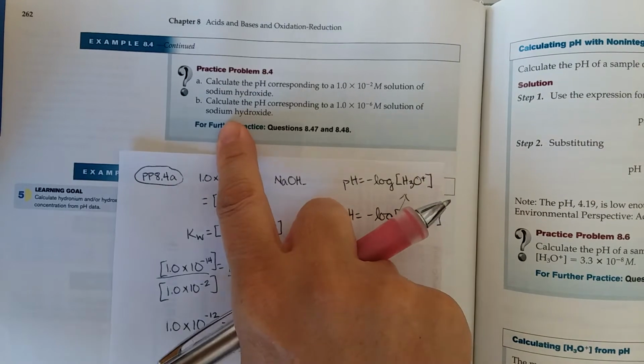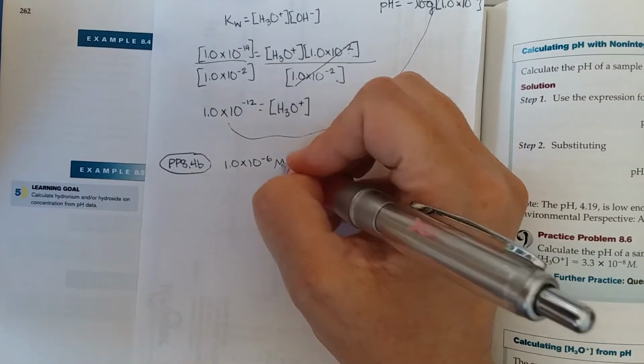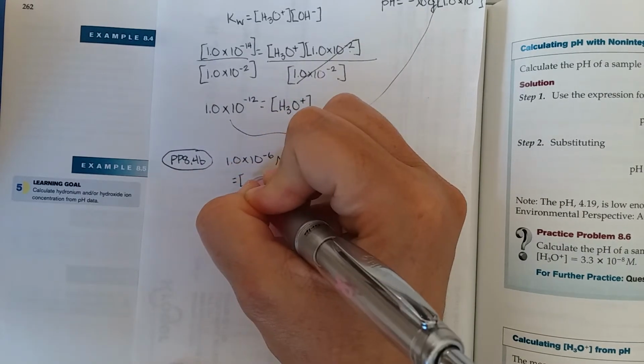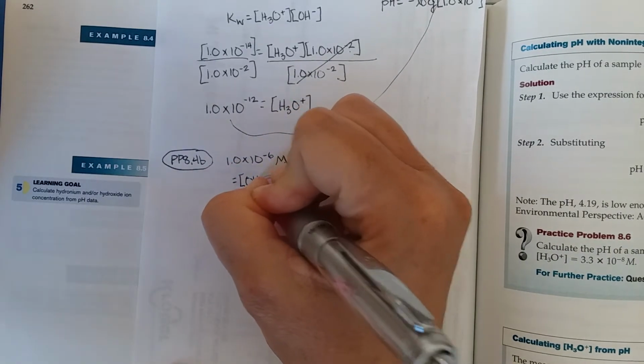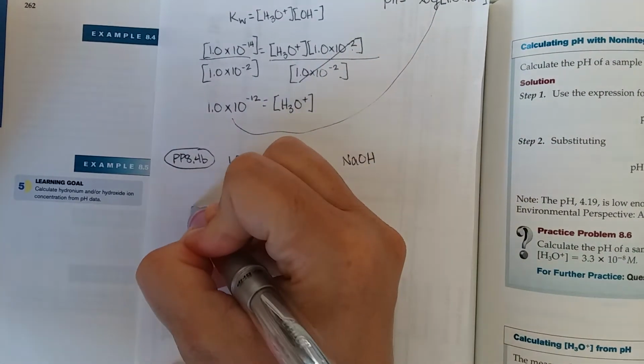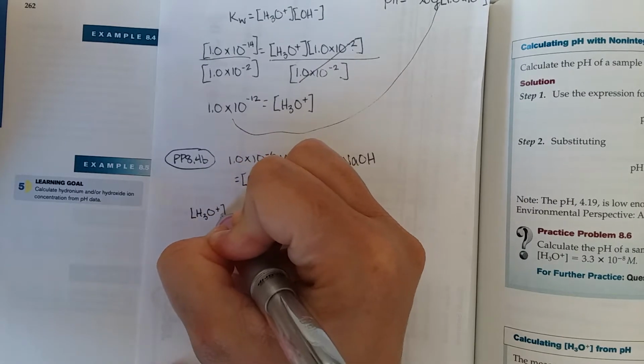Let me double check that. Yes, sodium hydroxide. And so essentially this molarity, or this concentration, is equal to the hydroxide ion concentration. So I'm going to skip a step here since this is the same kind of problem as before.